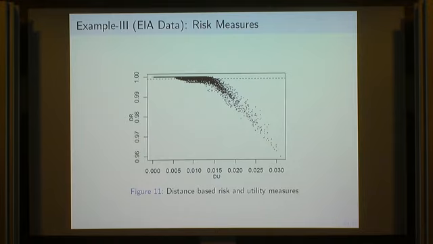And this is the EI dataset. Again, this is the information loss measure, and this is the distance-based risk measure. So they're too high, and this is low. This is natural, because when risk is very high, then information loss will be low.